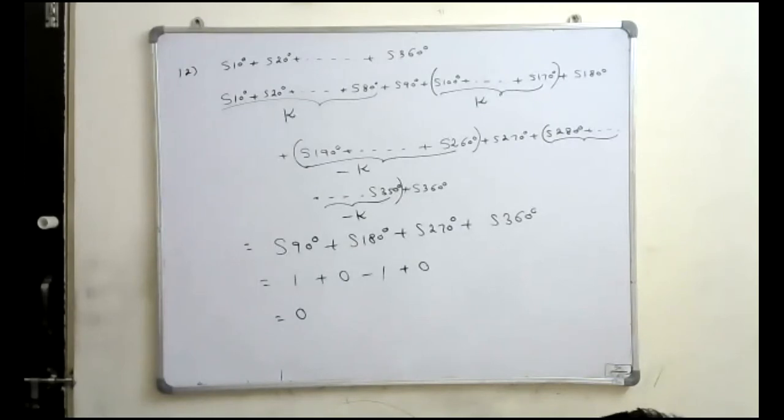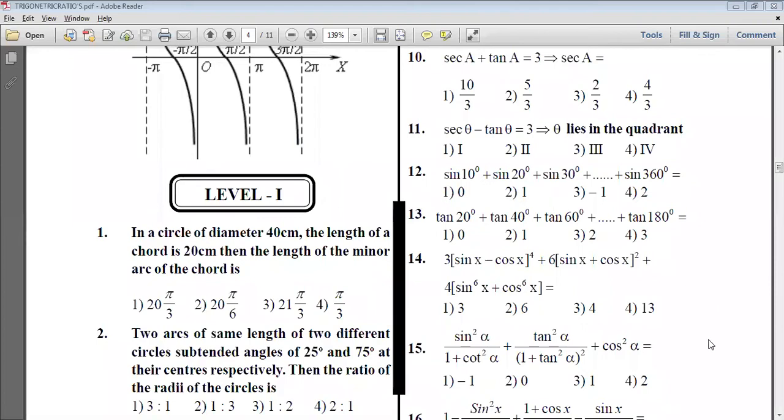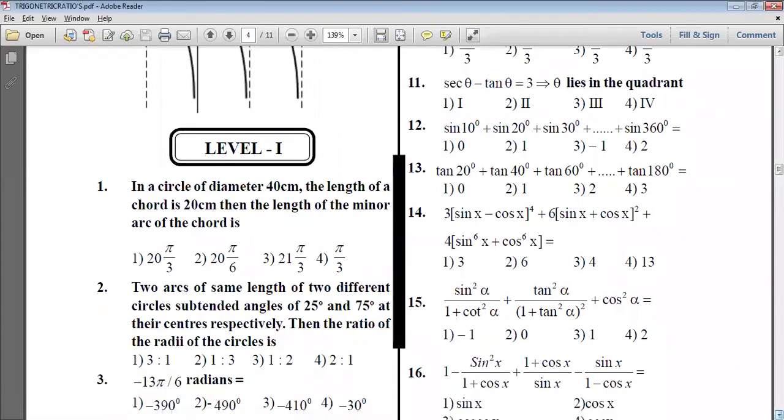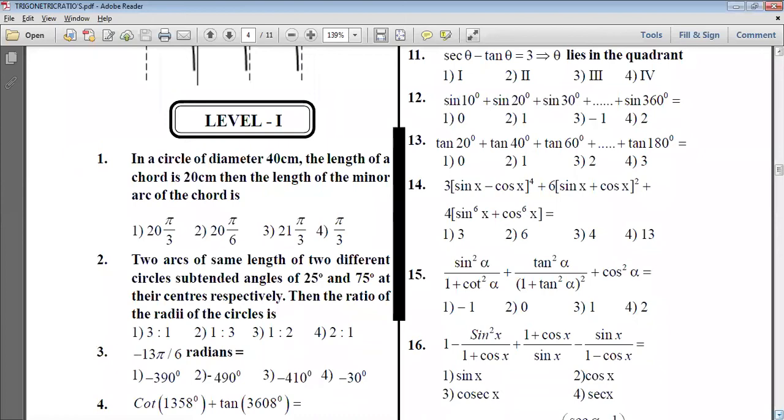Next, look at the next problem. Look at this 13th problem. So here also observe this. tan 20 degrees plus tan 40 degrees plus tan 60 degrees and so on up to tan 180 degrees. To find the sum of all these values.